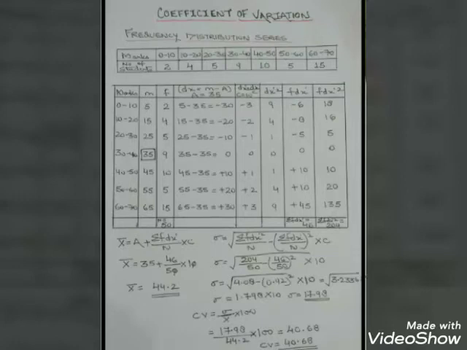So minus 30 divided by 10 you get minus 3, minus 20 divided by 10 you get minus 2, minus 10 divided by 10 you get minus 1. For 0 you will get 0 only, then plus 10 divided by 10 you get plus 1, plus 20 divided by 10 you get plus 2, plus 30 divided by 10 you get plus 3. Right?